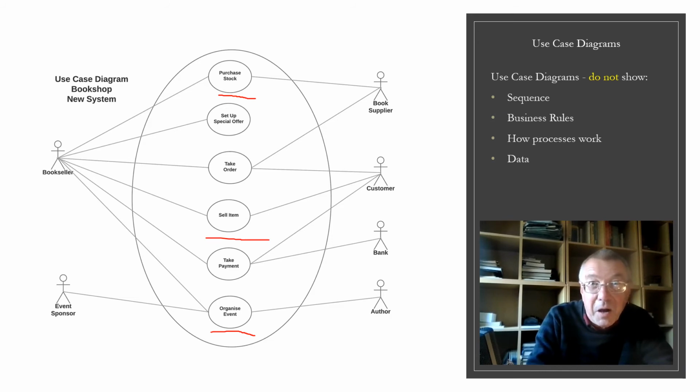Date of order, items ordered, total cost, who placed the order, where it went, and so on. That's not a problem. All of that detail can be captured elsewhere and further down the line. So to repeat, a use case diagram shows a high-level view, but you need to and can add detail as needed.